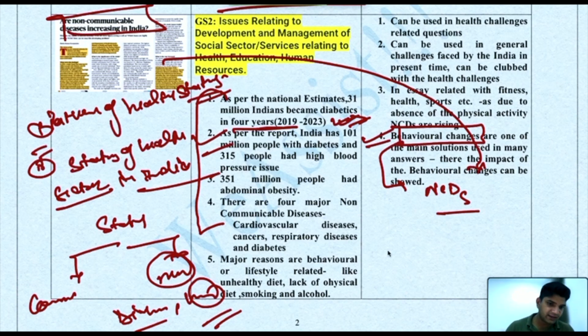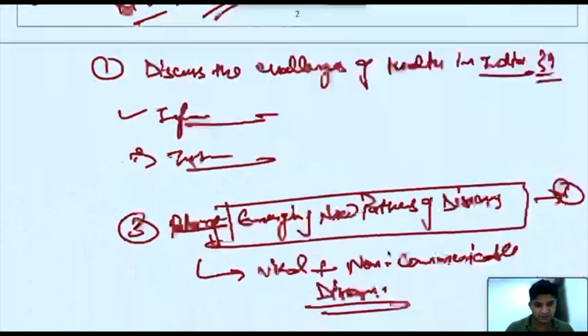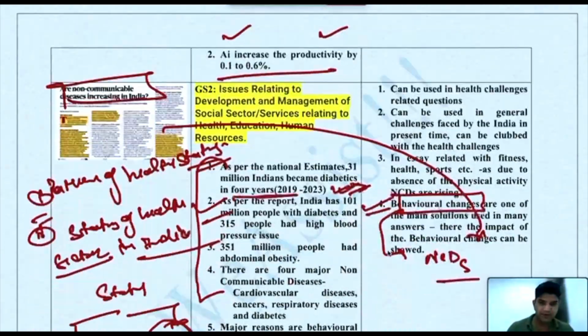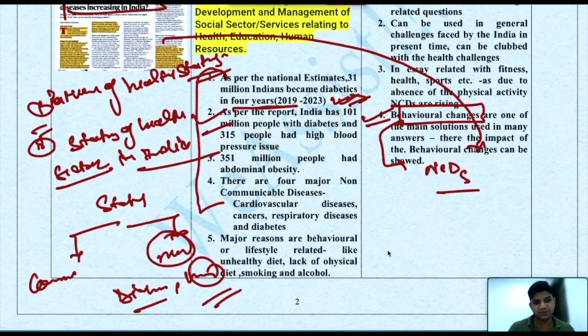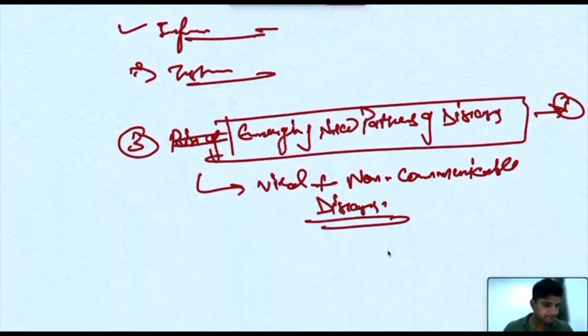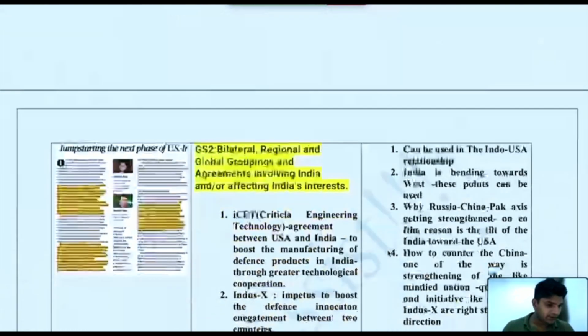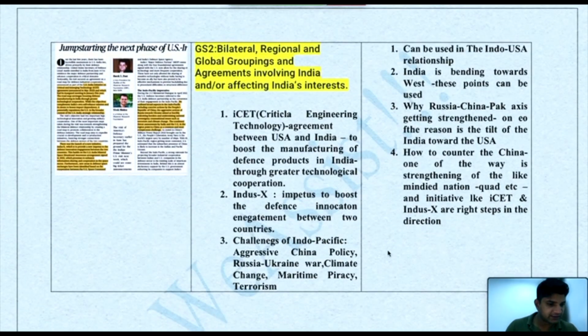Because of that they are rising. So in essays related to, say, sports, or if you want to highlight the importance of the behavioral aspect, you can quote this fact as substantiation of the argument. So there also you can use this thing. I hope it's clear.